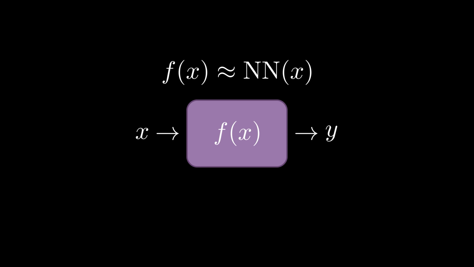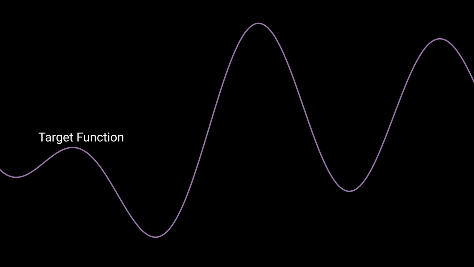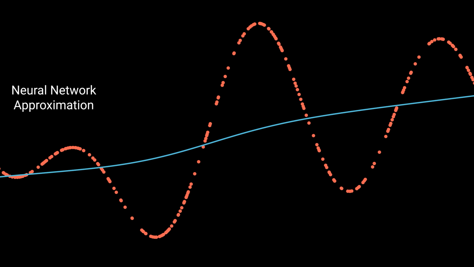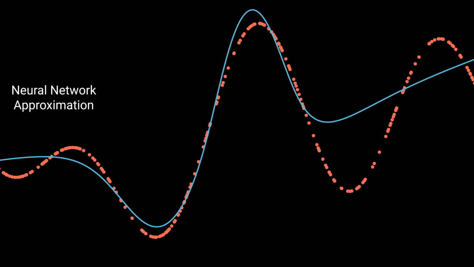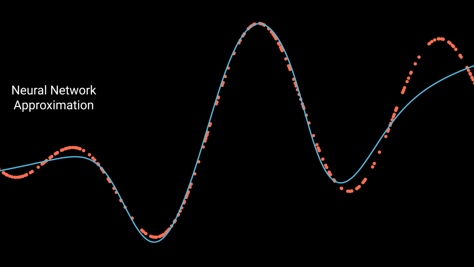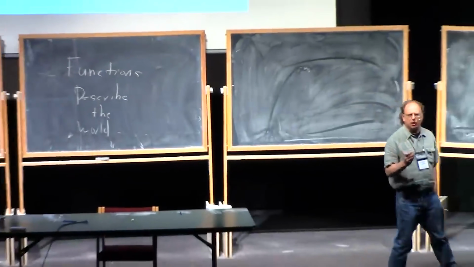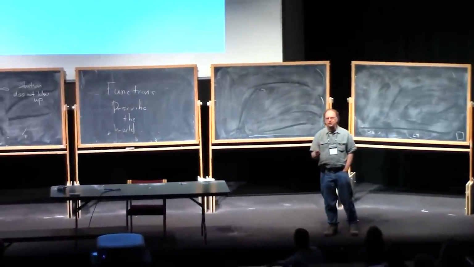Neural networks are also functions and can reconstruct or approximate any other function to any degree of precision given only a sample of its data points. They are universal function approximators, and this makes them extremely general purpose for real-world tasks because functions describe the world.